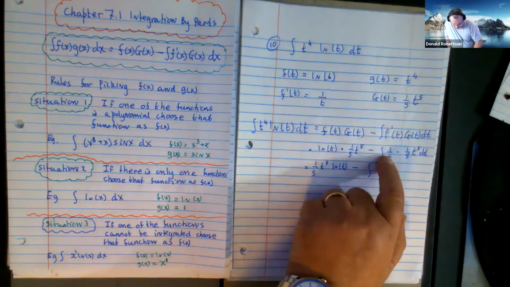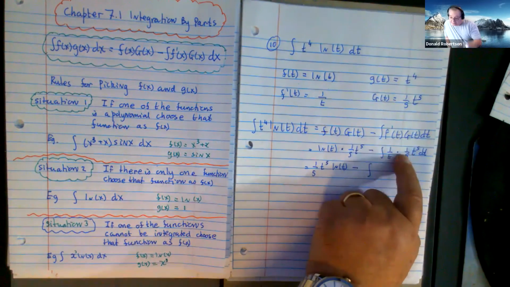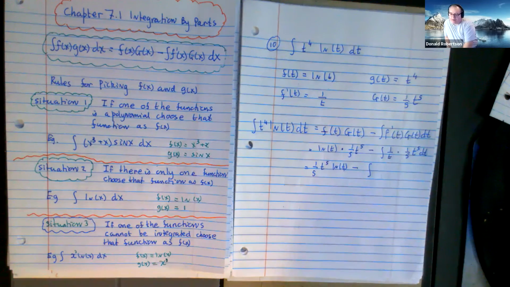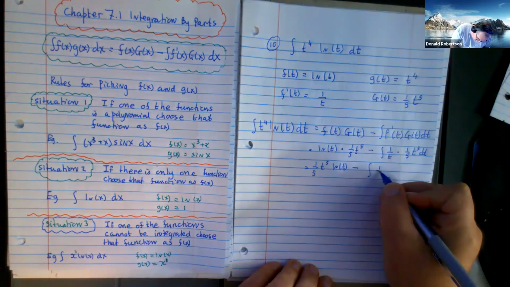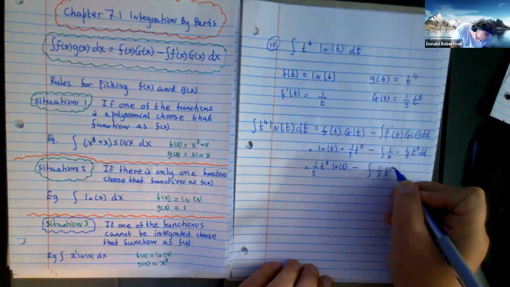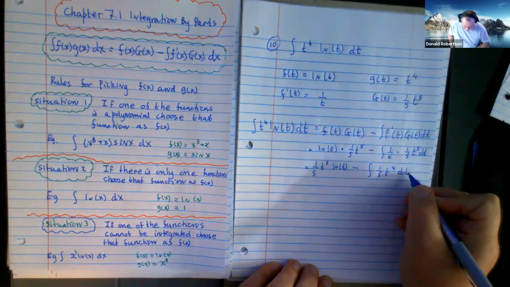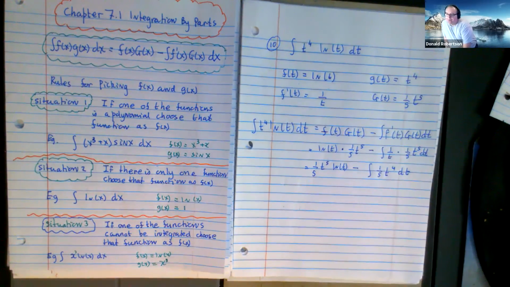One over t times 1/5 t to the 5. Would you agree that that can simplify a little bit? Would you agree that t on the bottom cancels one of the powers? Are we comfortable with where that 1/5 t to the 4 came from?